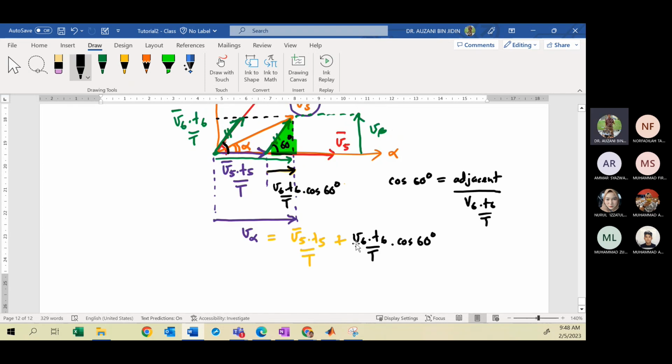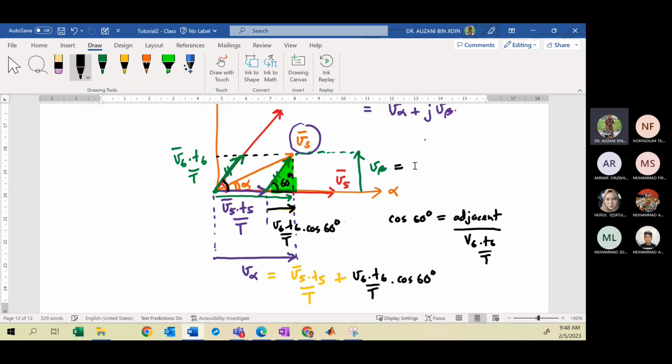So then V beta. How to calculate V beta? You apply the sine function, right? Sine is V6, sine 60 degrees. Okay. So make sure you are okay with this step.